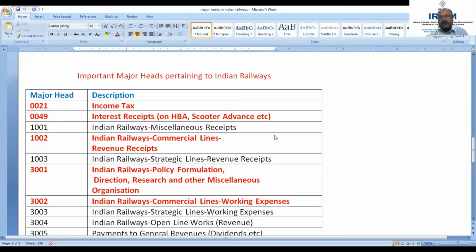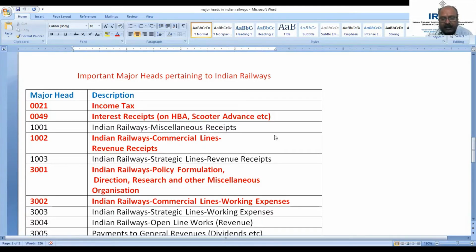So that represents the major head. In the account current, the expenditure is directly accounted under income tax, under civil heads, under the public account of India. So the income tax major head is 0021.